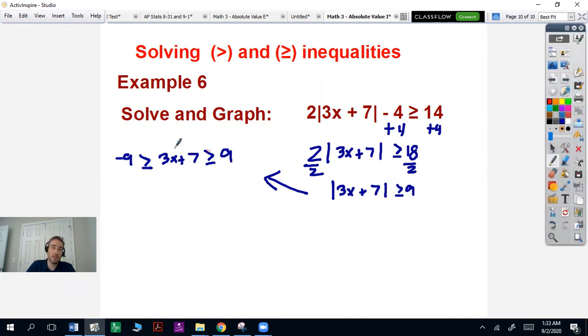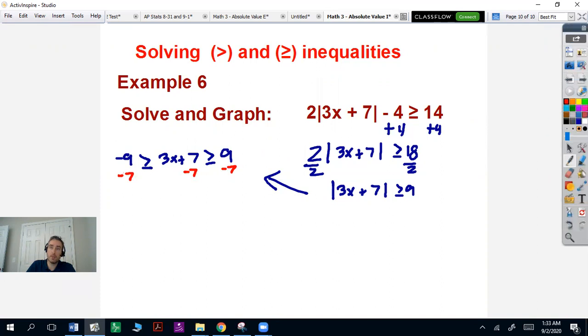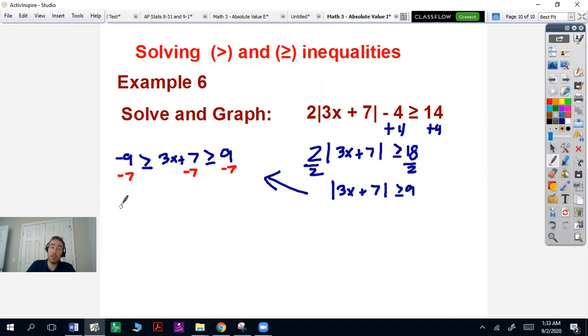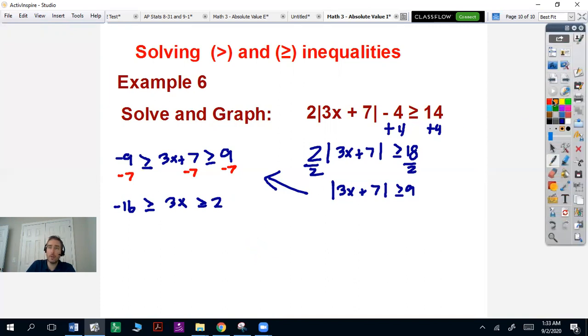And we got to solve these, so we're going to subtract the 7 from all sides. And that's going to be -9 minus 7, which is -16, greater than or equal to 3x, greater than or equal to 2. And then finally, we want to divide by 3.